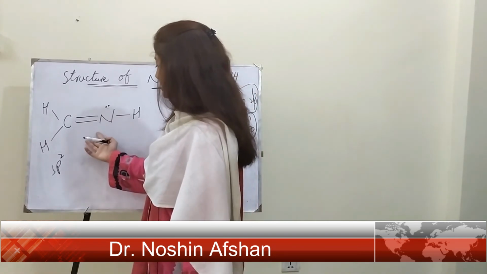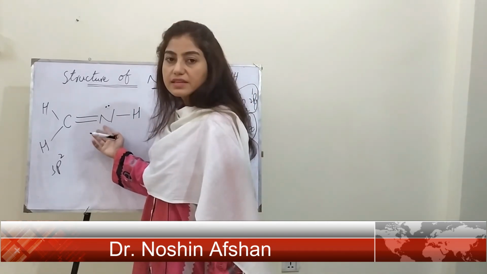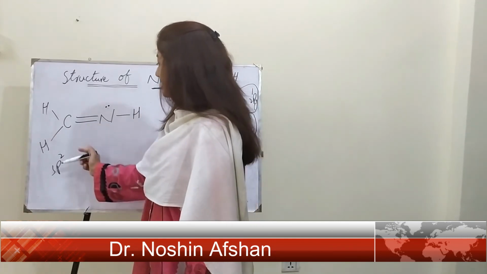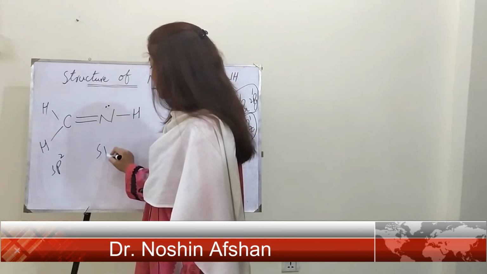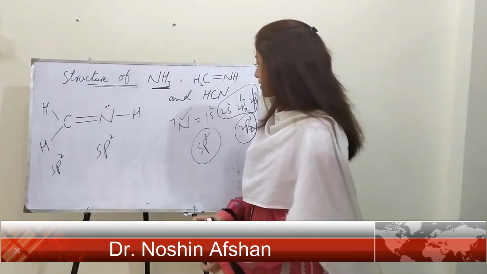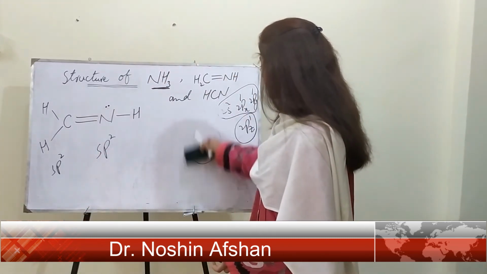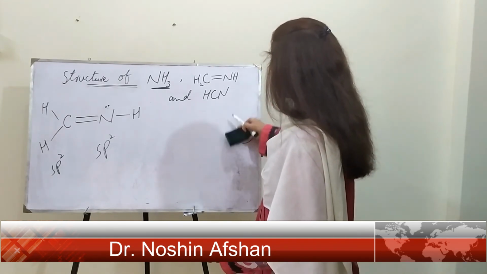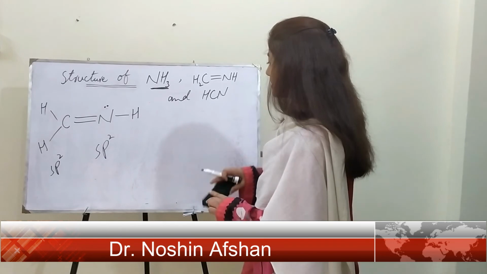So in these cases where there is a double bond between carbon and nitrogen, both of these atoms, carbon and nitrogen, would follow the sp2 hybridization. So in this case, these sp2 hybrid orbitals would make a geometry like this one.